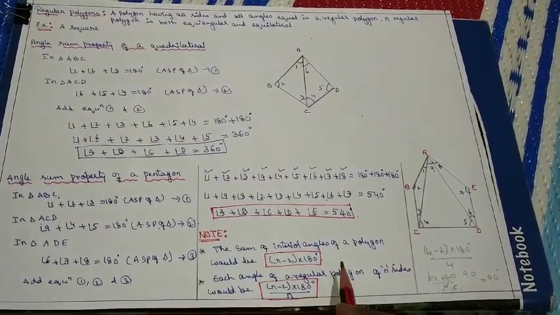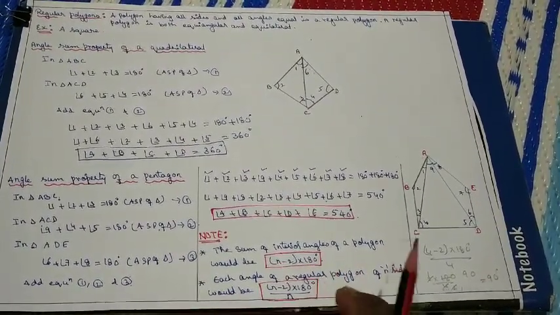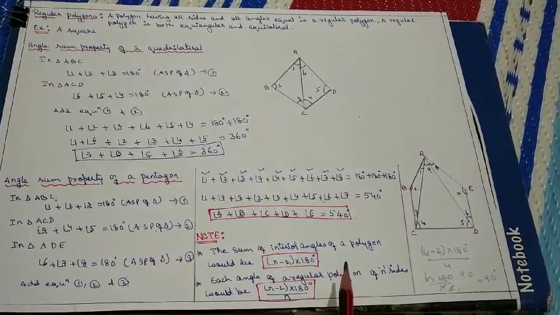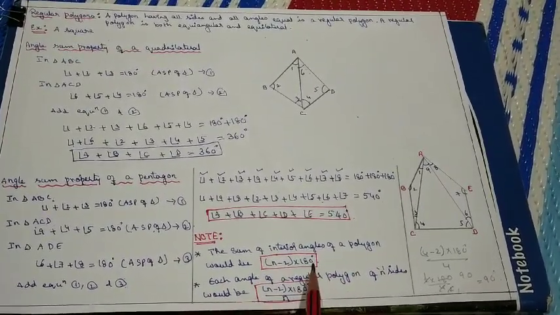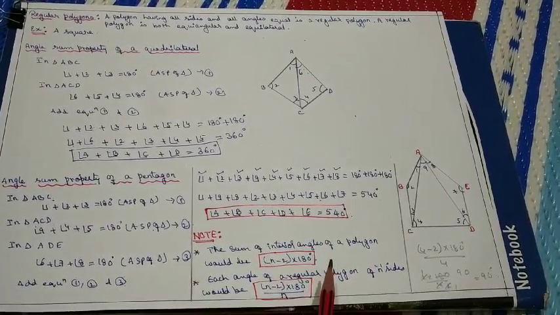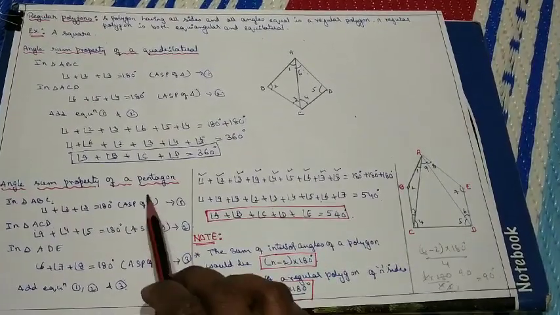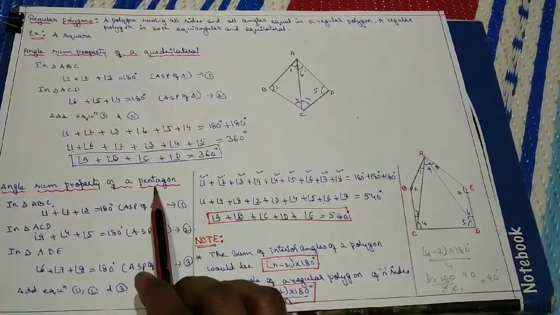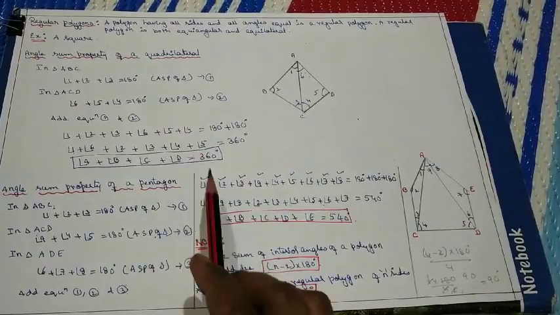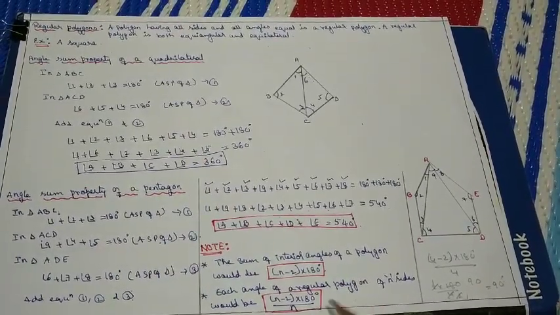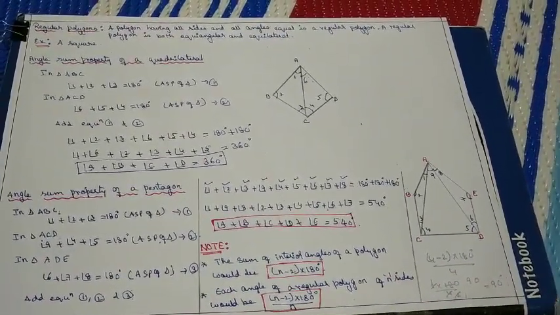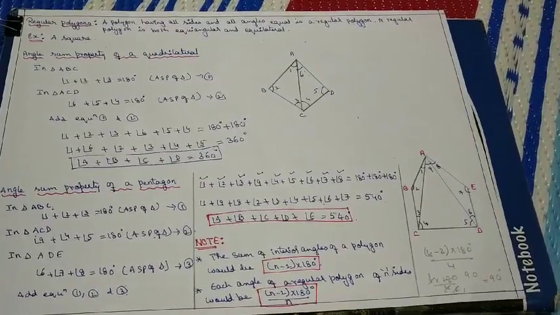We know that a 3-sided regular polygon is an equilateral or equiangular triangle. A 4-sided regular polygon is a square. A 5-sided regular polygon is a regular pentagon. Simply we should not write pentagon, but regular pentagon. A 6-sided polygon is a regular hexagon. A 7-sided polygon is a regular heptagon.